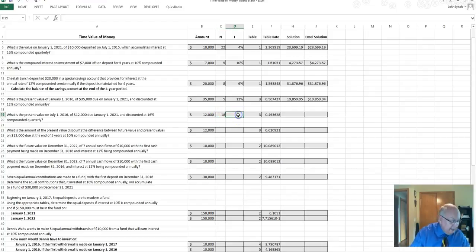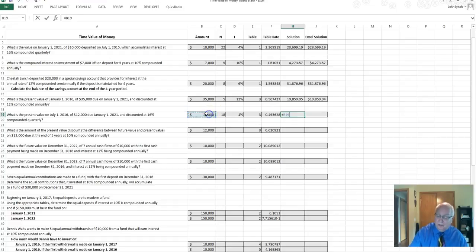So that gives you 18. Interest rate, it's done quarterly, so it's 0.16 divided by 4, or 4%. So we look at table 3 and go to 4% for 18 periods, and you come up with 0.49.